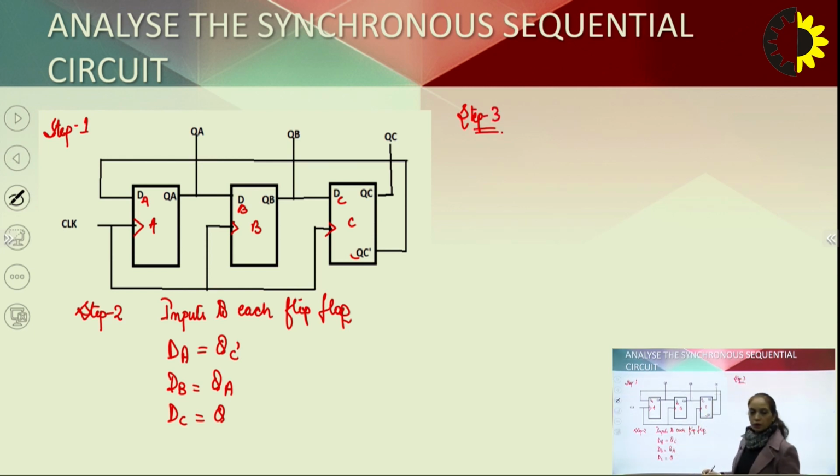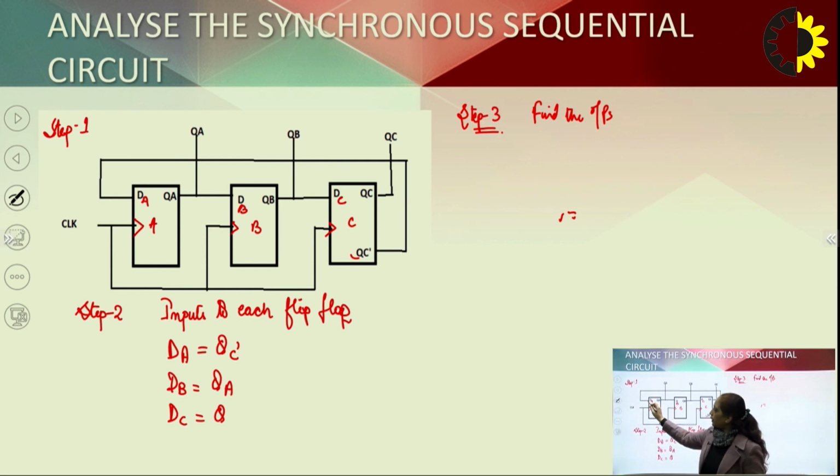Step 3, we have to find the outputs, right? In case of D flip-flop, whatever the input is applied here, the output will be the same. So suppose your initial outputs are 0 0 0.